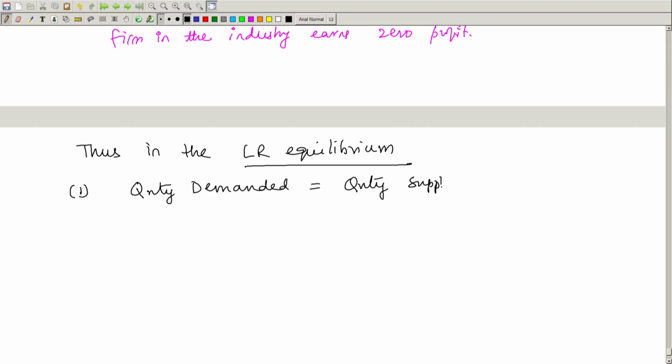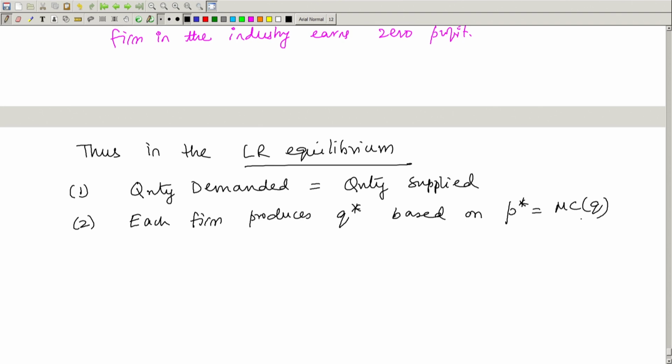Each firm as before produces or chooses Q star based on the price P star equals the marginal cost. Points 1 and 2 were identical to what we also saw in the short run: quantity demanded is equal to quantity supplied, and each firm is choosing Q star based on price equals marginal cost.